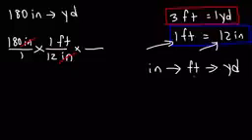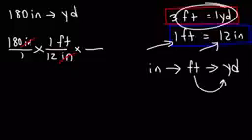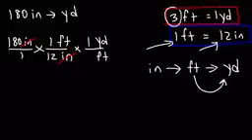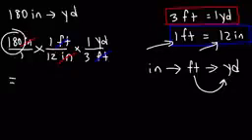So now we're going to go from feet to yards using this one. Since we see the unit feet on top, we're going to put feet on the bottom, the yards on top. There's a 1 in front of yards, a 3 in front of feet, and then we can cross out those units. So it's going to be 180 divided by 12.